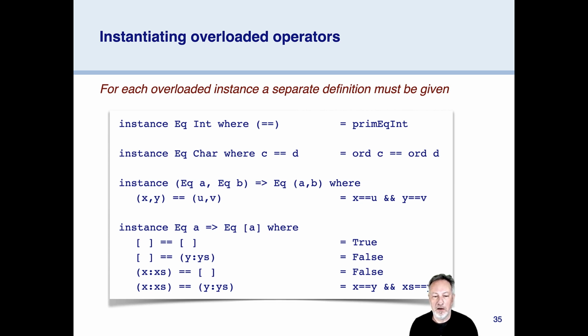And then the final case, two non-empty lists are equal if their heads are equal and their tails are equal. And that's going to be using recursion. So notice in the very last line, we are using only two overloaded versions of equality. The first one is the list equality, the second one is equality for the type A, and the third one is the recursive list equality.